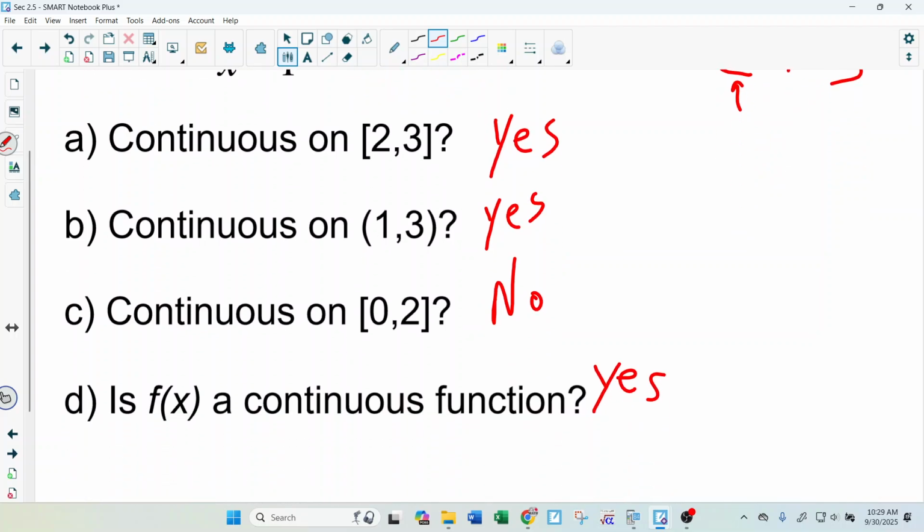Continuous on an interval just means all the numbers in the interval. And if the bad number, so to speak, is in there, then it's no. However, a continuous function just means: where this function is defined, is it continuous? The answer is yes.